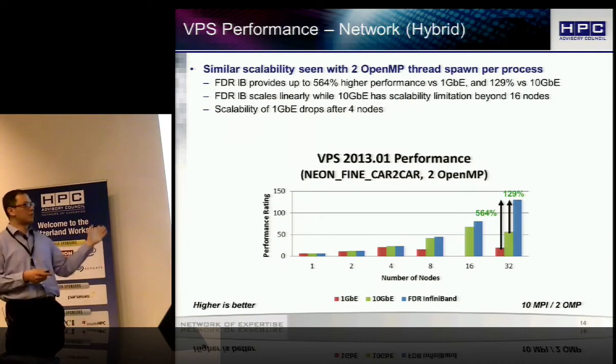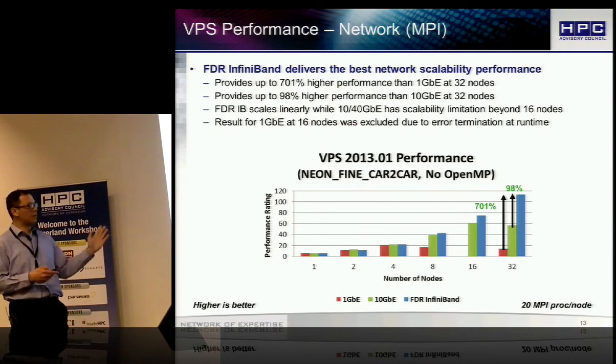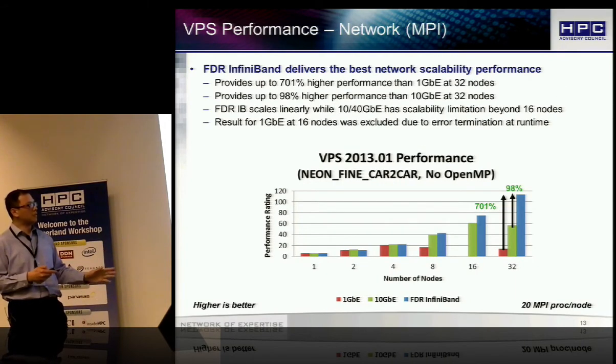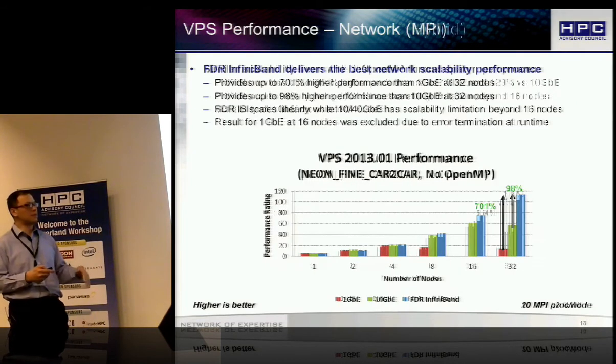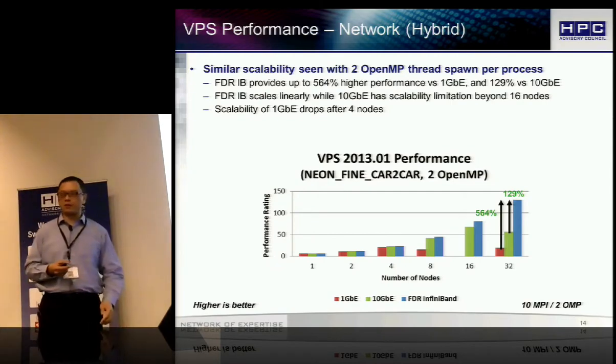Instead of 7 times worse for 1 gig E, it's a little bit less worse. For 10 gig E, it's still worse, but it doesn't show as much of a difference anyway. You're losing performance at that scale at 32 nodes.